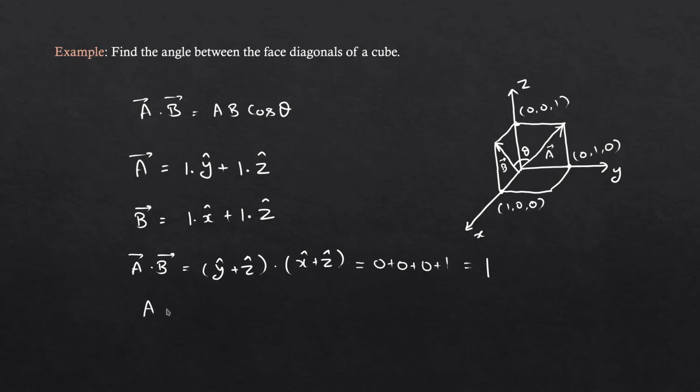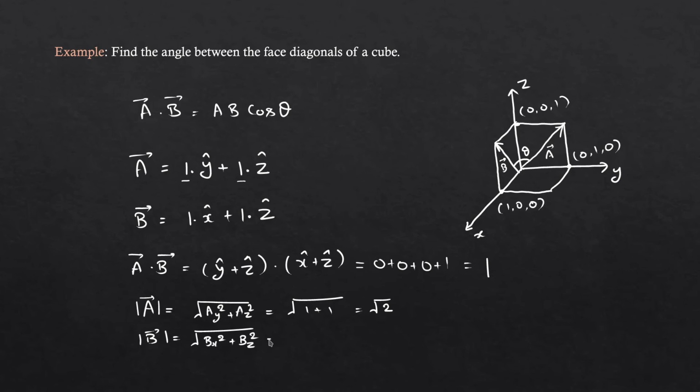So what is a? A is y plus z. So what's the mod of that vector? It's under root ay square plus az square. So ay is 1 and az is 1, so 1 plus 1 equals root 2, and mod of b is also the same: bx square plus bz square equals under root 1 plus 1, that is under root 2.